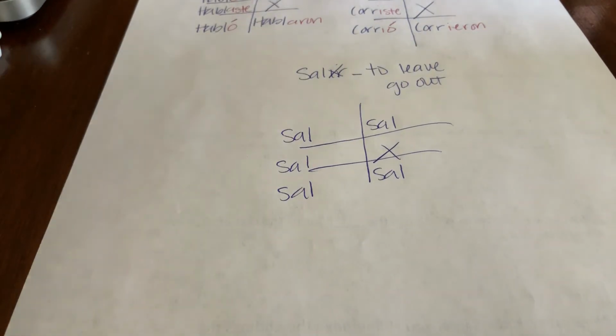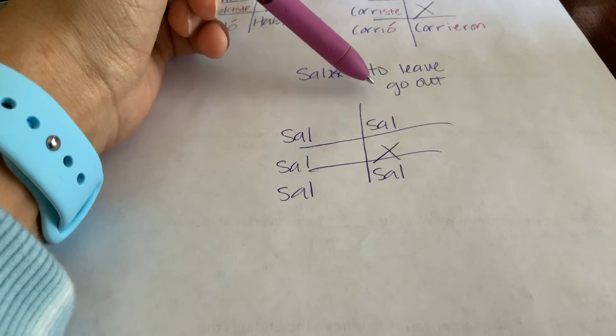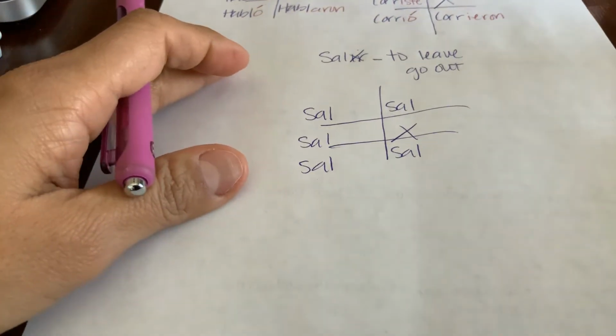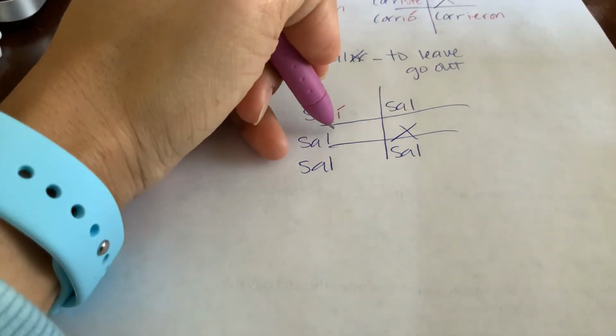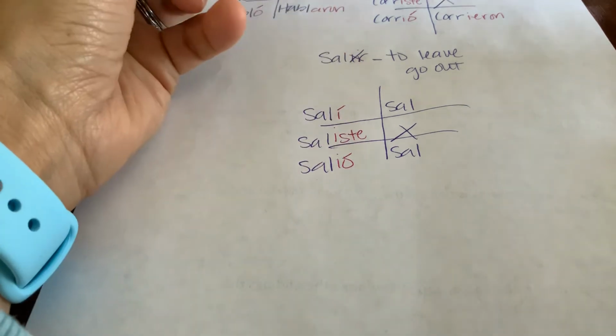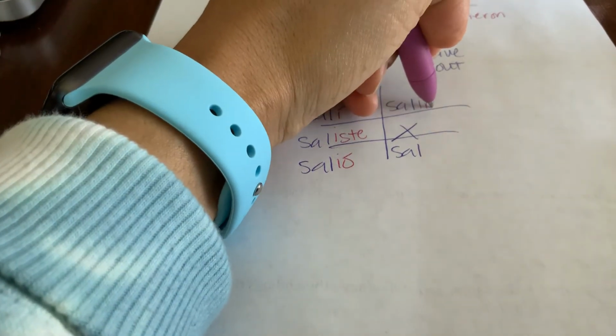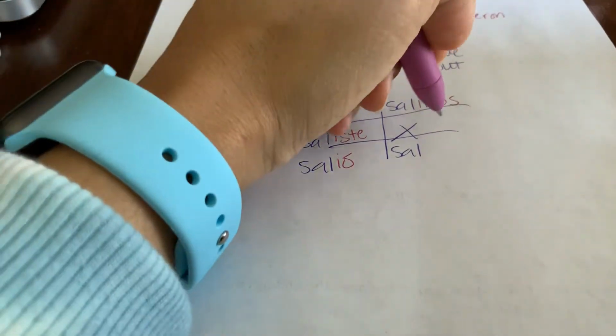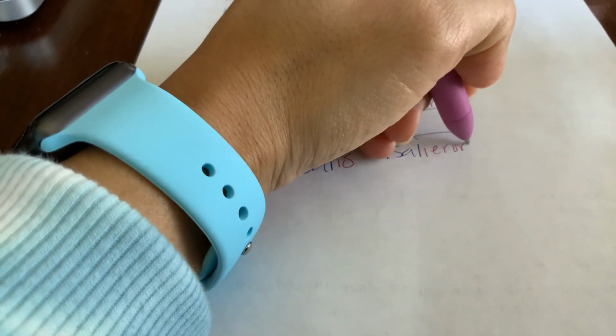And then we're going to just put the same endings because remember ER and IR have the same endings. Okay. So salí, saliste, salió, salimos, salieron.